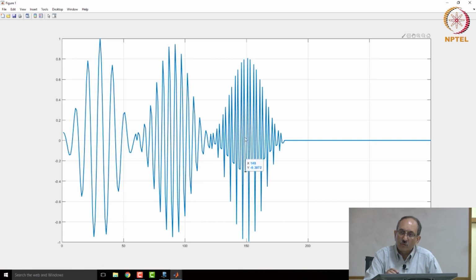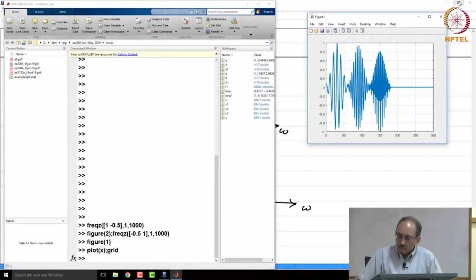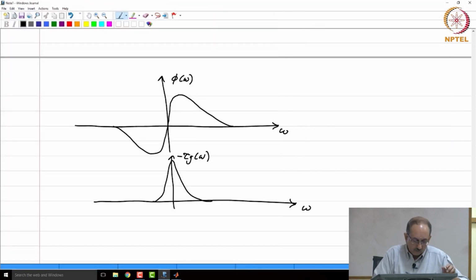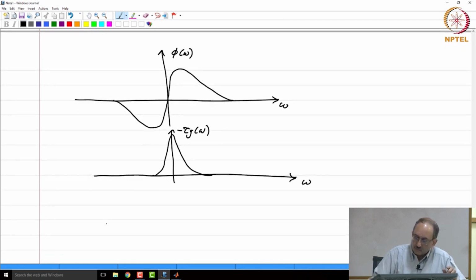Now, what I am going to do is pass this through a system and I want to observe the output behavior. The system I am going to pass through has actually two parts.